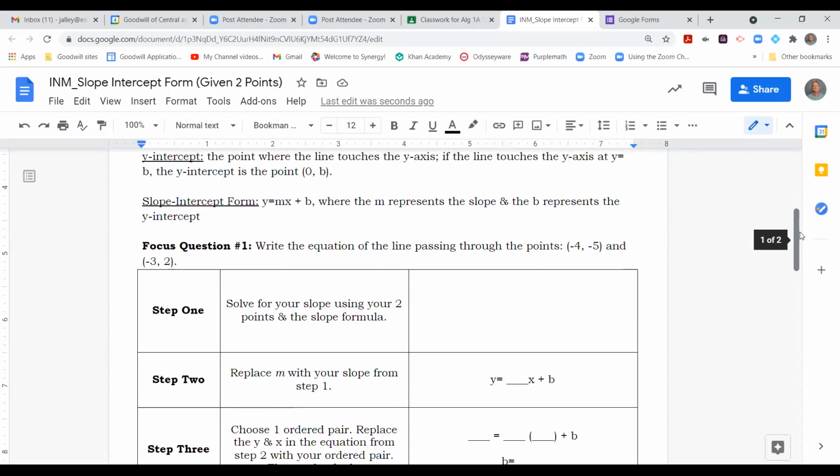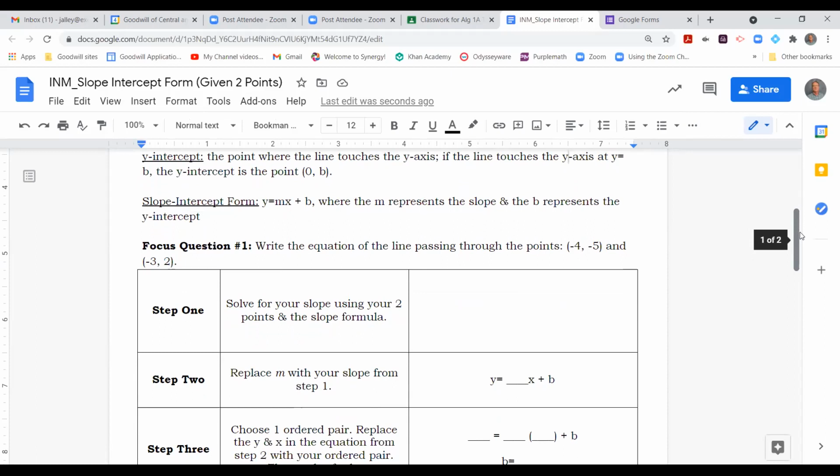So here you see our first focus question. It says write the equation of the line passing through the points -4, -5, and -3, 2. I don't know what the slope is. I don't know what the y-intercept is.